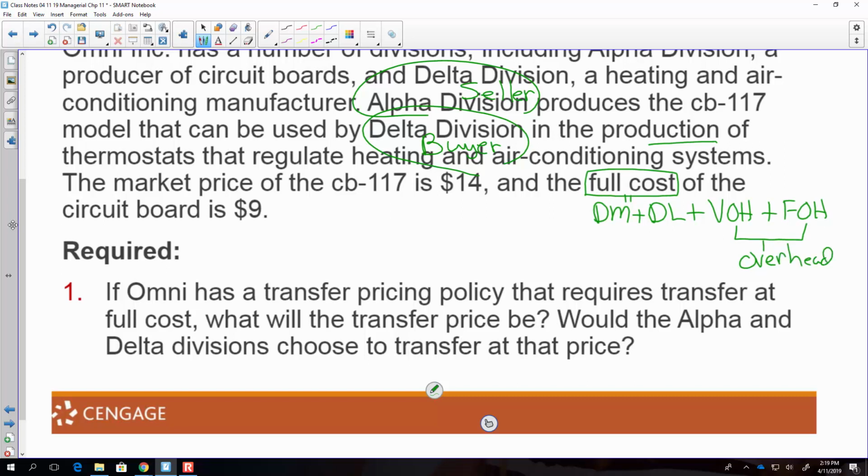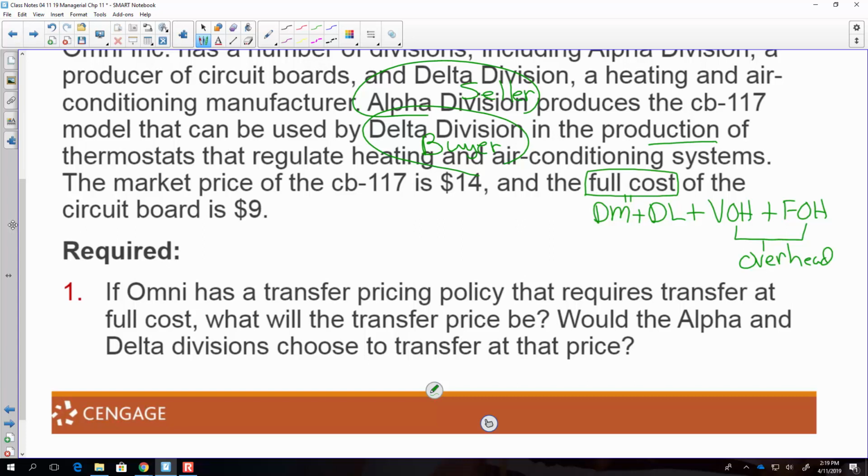Remember, variable would be that particular cost item that changes with different units of production. Fixed cost means it doesn't change, right? It's constant no matter if I make 1 unit or 10, 20, 100, the fixed cost does not change. So we're assuming that this fixed cost total is $9.